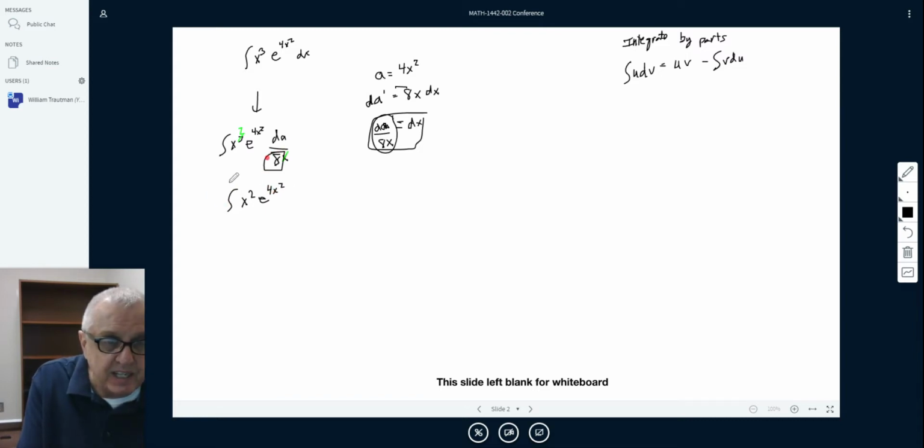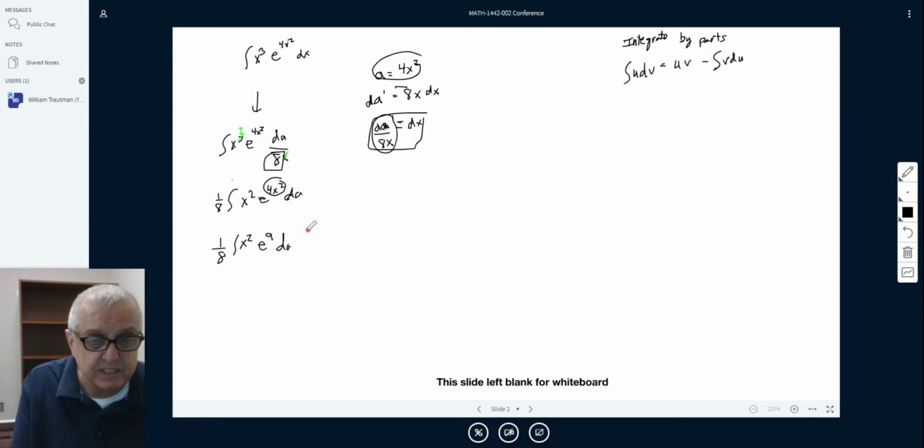And I'm putting this 8 over here, dA. So if we're going to take the derivative with respect to a, look over what we have here. I can change this to a right here, 1/8 integrating x squared e to the a, taking the derivative of dA.